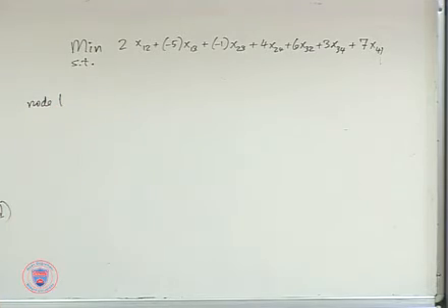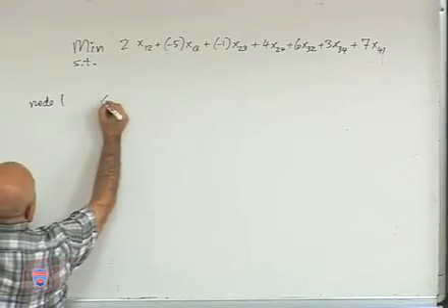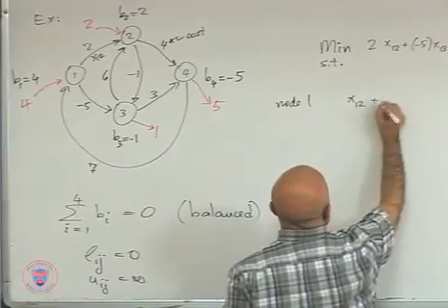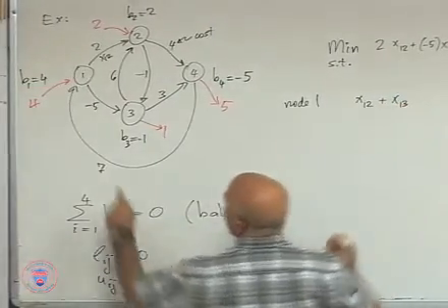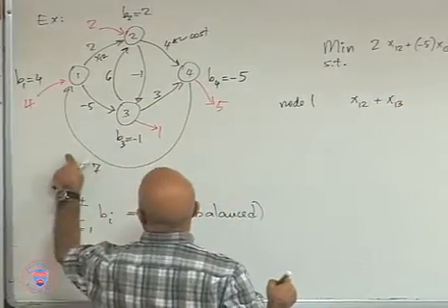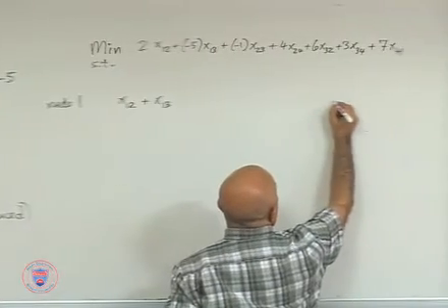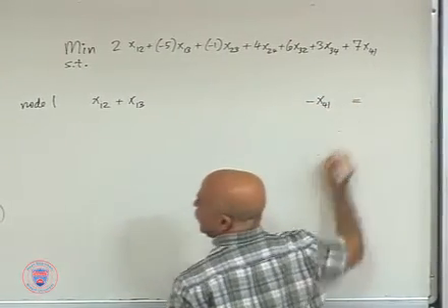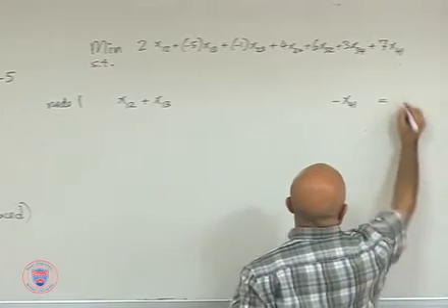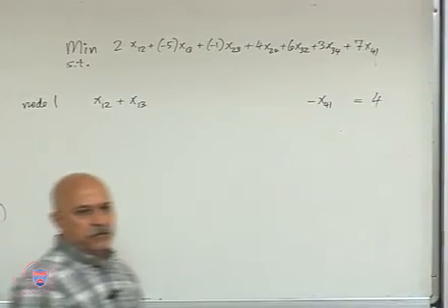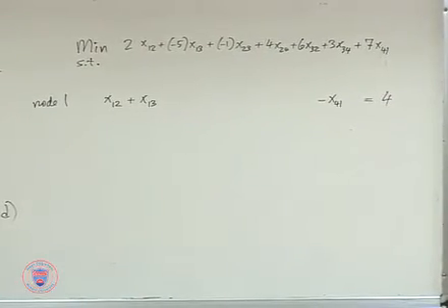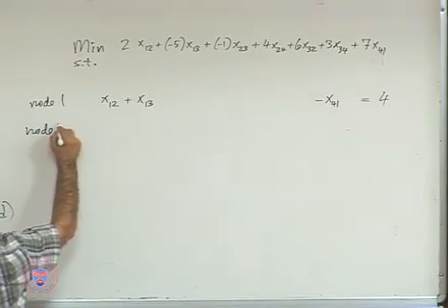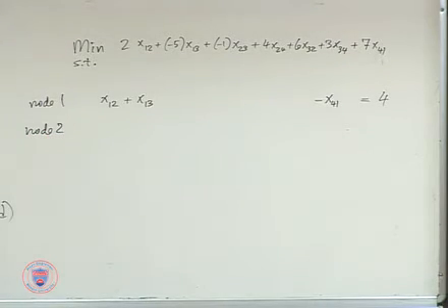Subject to, for node 1, I have an outflow of x12 plus x13, and I have an inflow of x41. Inflows are negative. The requirement at node 1 is 4, so the balance is 4. Okay? For node number 2, what do we have?